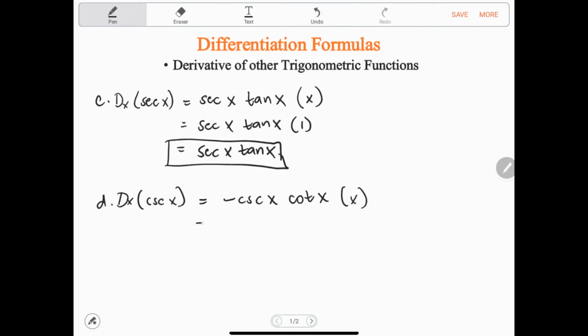It's going to be negative cosecant x times cotangent x multiplied by 1, because it's the derivative of x. So negative cosecant x times cotangent x times 1 is still the same.